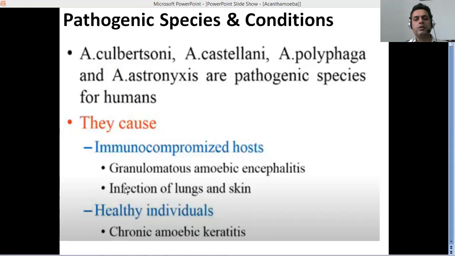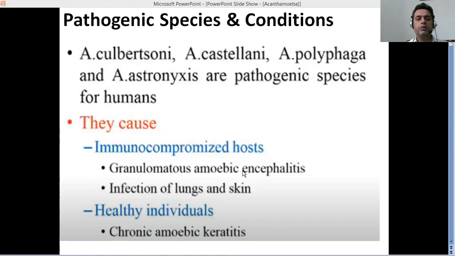They are always on immunosuppressive drugs. That's why they also are included in this particular category of immunocompromised patients. So these particular Acanthamoeba would cause these very fatal conditions in case of these individuals. So they should be very cautious because they are present almost everywhere.